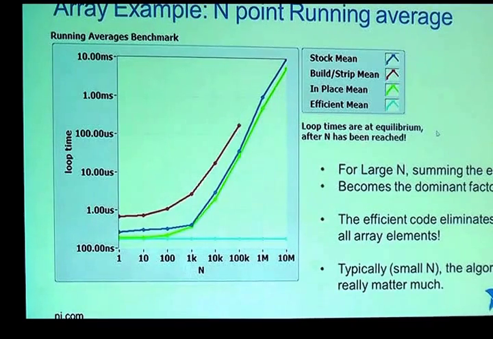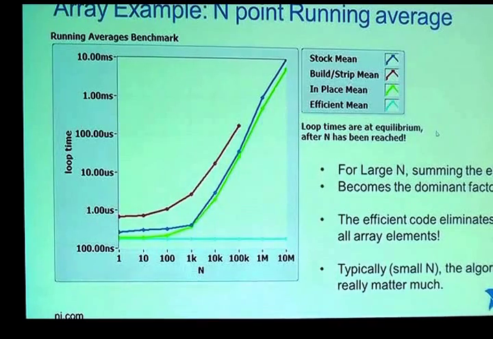But if you now look at the stock, it goes up, of course, because of the sum. The build strip is clearly slower than all the other ones, and I wasn't patient enough to measure up here.